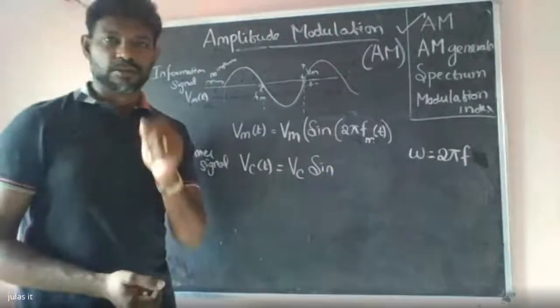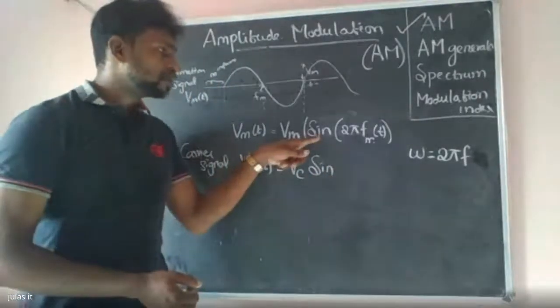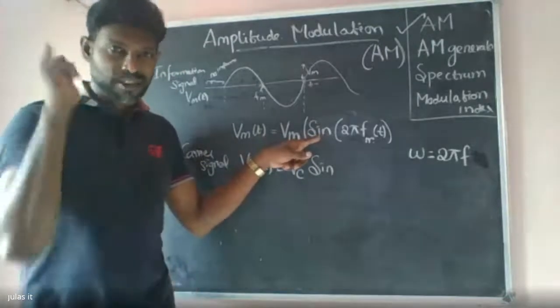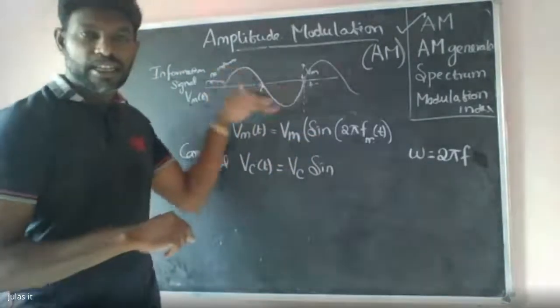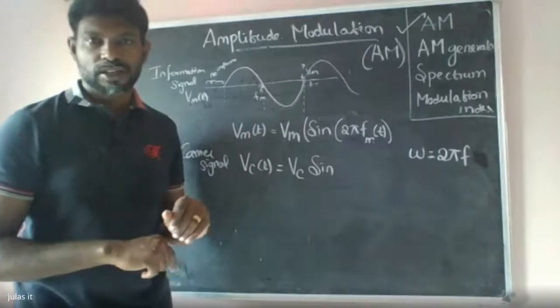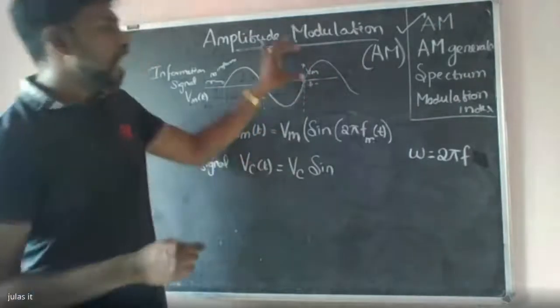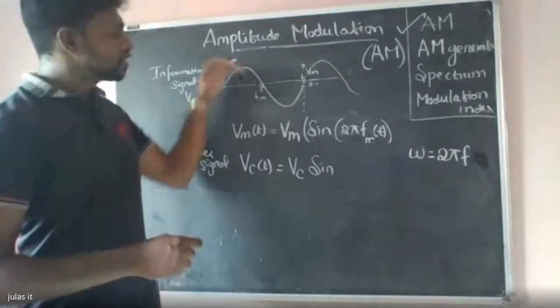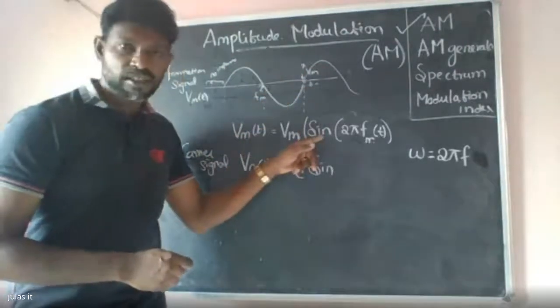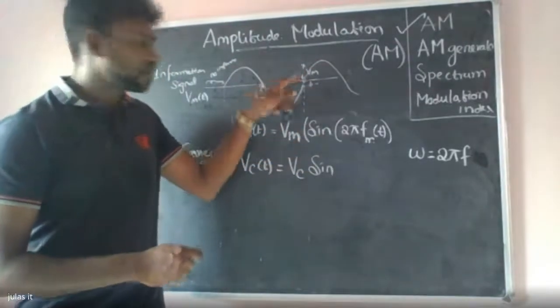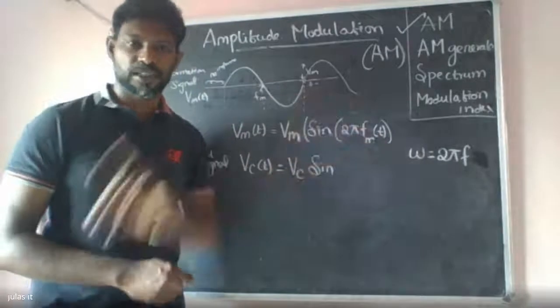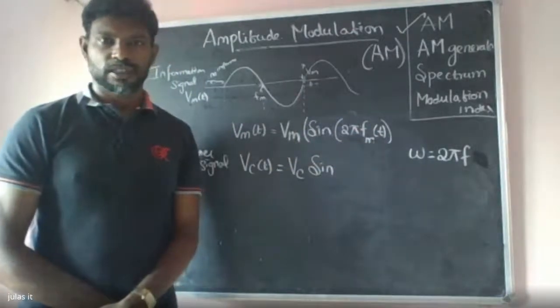You can ask one question: sir, why have you chosen sine here? Already in the first class we said we take the signal in the form of a sinusoid. So you can keep an easy remembrance: amplitude is Vm, the signal is a sine wave, sine, and we have a frequency component 2 pi fm t.